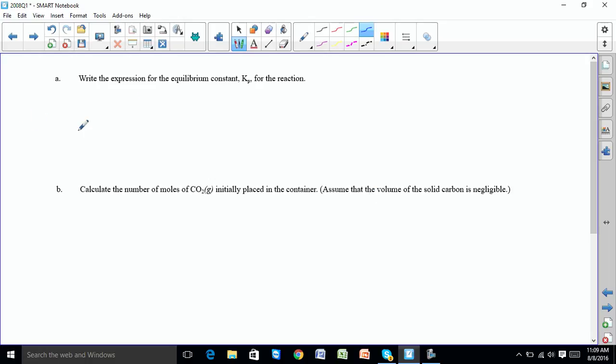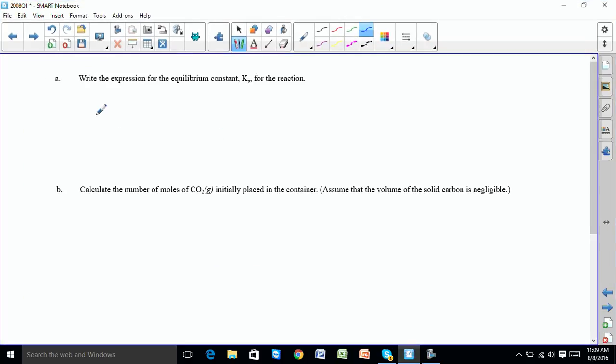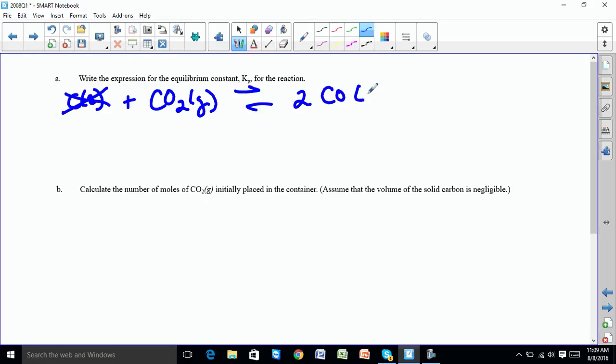Write the expression for the equilibrium constant. So what happens is we have solid carbon, which isn't used, plus CO2 gas goes to 2CO gas.